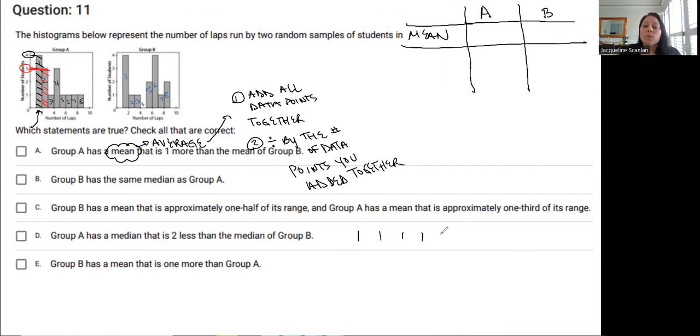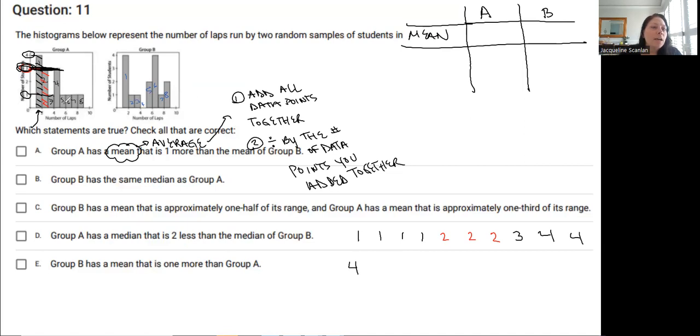So I'm going to write down the number 2 3 times because 3 kids did 2 laps and so on. All right, so now I'm going to go and look at 3 laps. There was only 1 kid that did 3 laps, so I'm going to write down the number 3 once. 4 laps was done by 3 kids, right? So I'm going to write down the number 4 3 times.